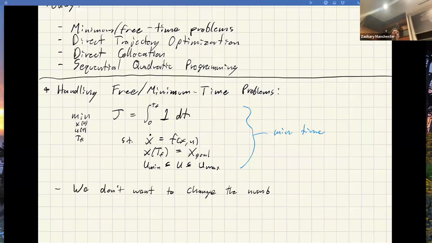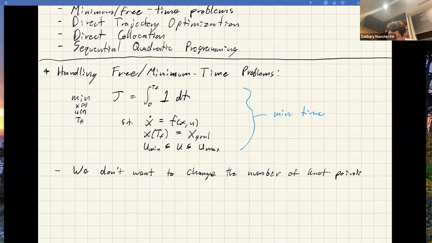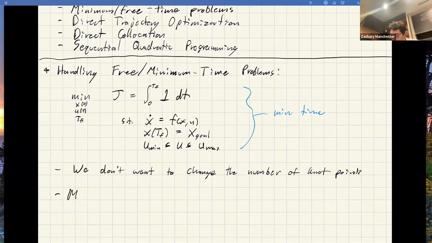Yeah. So instead of changing the number of knot points, I'm going to change the h. I'm going to change the length of each time step. So that's the gist of the whole thing. We're going to make h, which is our time step variable, from our RK integrator.